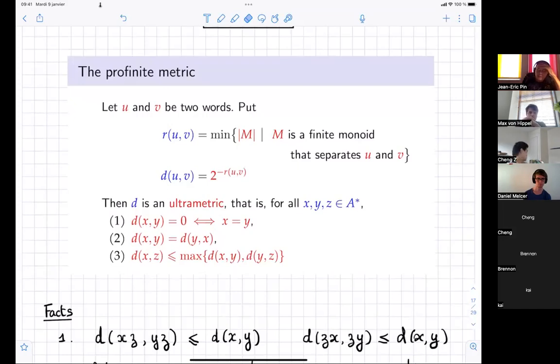And now the metric is 2 to the minus R of u, v. This is just to adjust things in such a way that if you need a large monoid to separate them, they are close, and the distance will be very small. And it turns out that this is really a metric, and furthermore, you have a special property called ultrametric, which means that instead of the triangular inequality, you have this max instead.